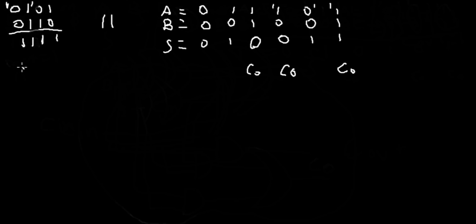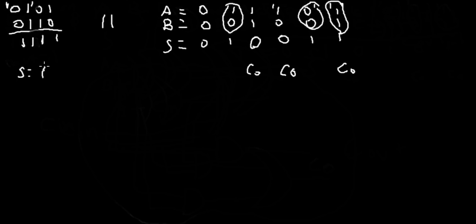So the sum bit will be 1 under a couple situations. It looks like it's a 1 whenever A and B have an odd number of 1s, if you've noticed. Here, here, and here we have an odd number of 1s. Well, that's interesting because I introduced a logic gate that's literally the odd function called the XOR gate.